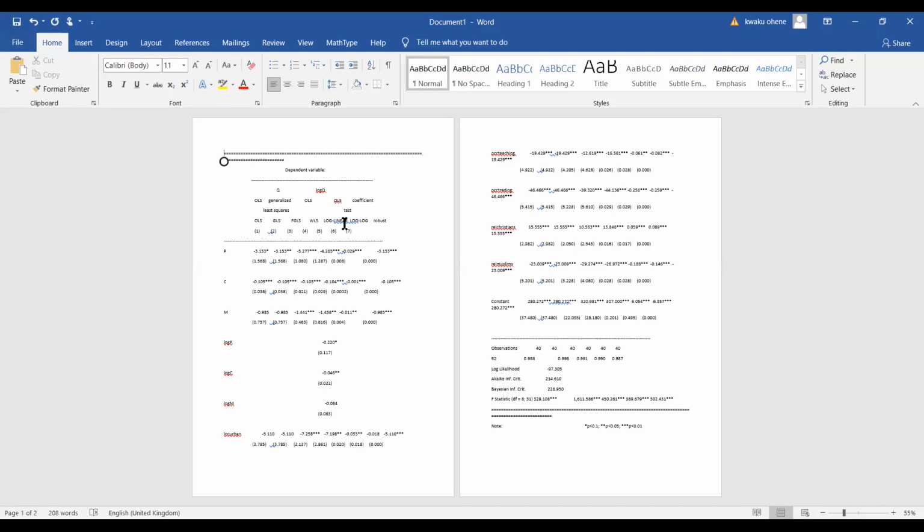Another thing some people do is take it to Excel. The thing about Excel is that sometimes it does the arrangement nicely. When you take it to Excel, let me just show you what I'm doing slightly in Excel.